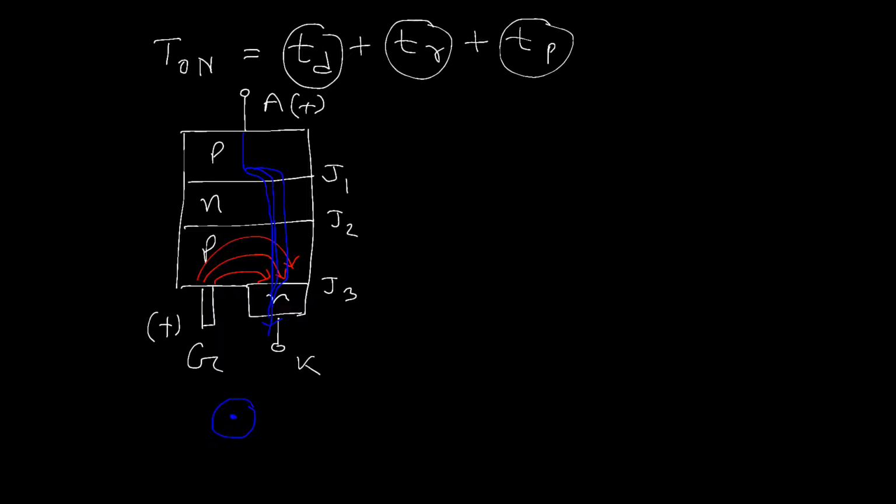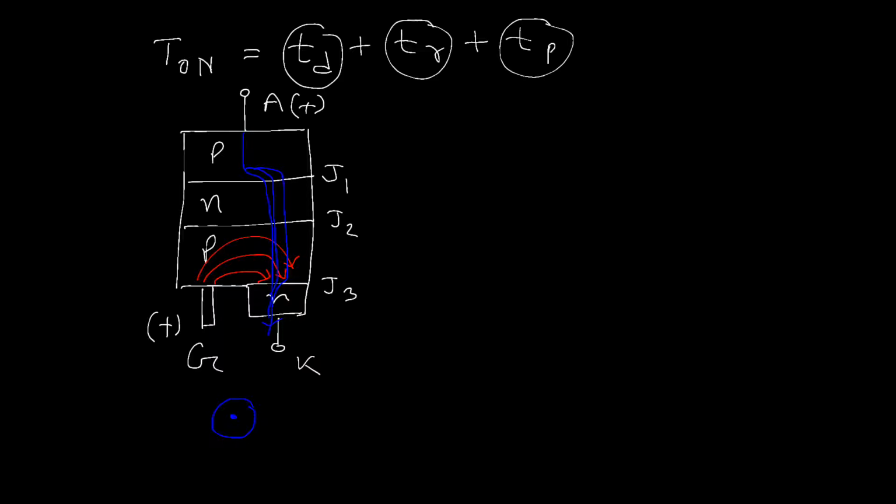In this case, as the gate current rises to 0.1 Ig from its initial value, that means when it reaches 90% of its initial value, then we can say the anode voltage falls from VA to 0.9 VA, means the voltage falls from its initial value to 90% of the initial value, and the time during which the anode current rises from its forward leakage current to 10% of the original value. So this is all about the delay time, which is defined by Td.